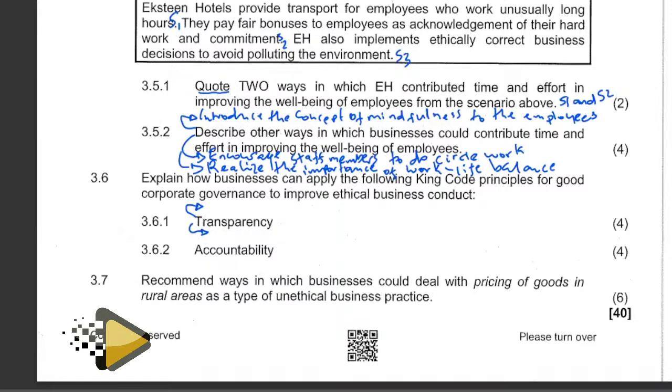Okay, right. So now here we said that decisions must be clear to all stakeholders.